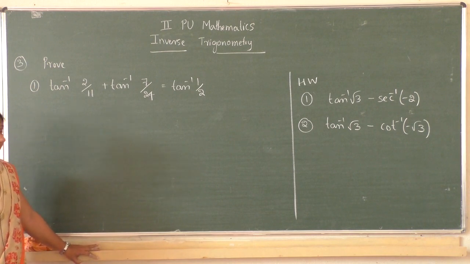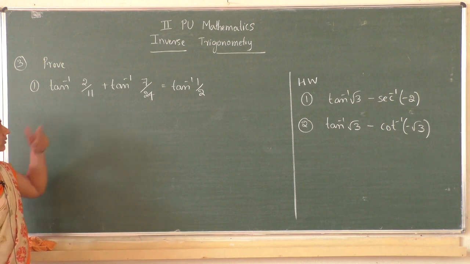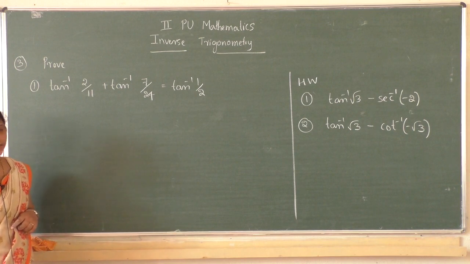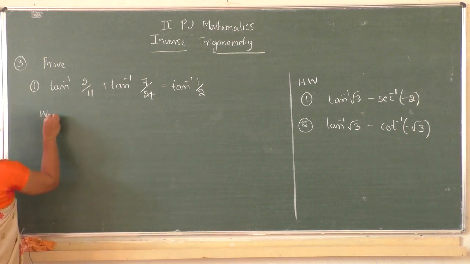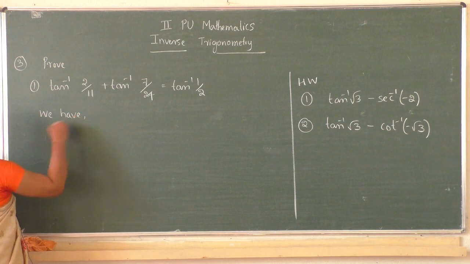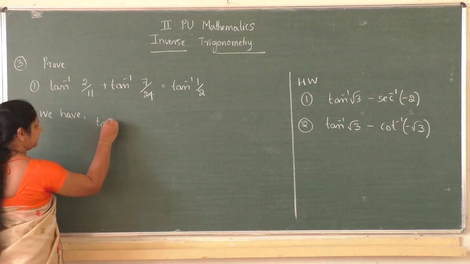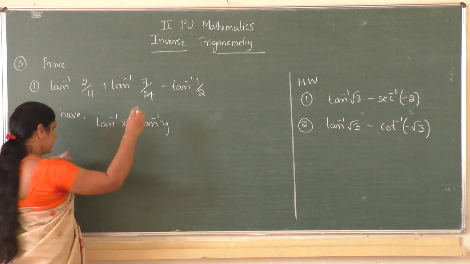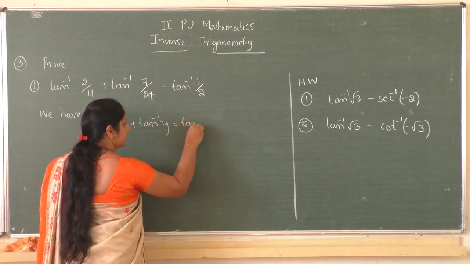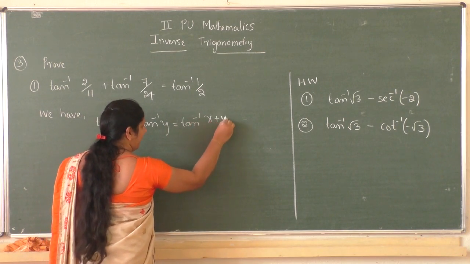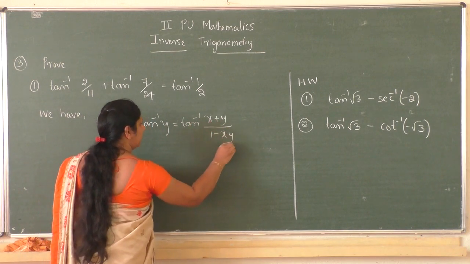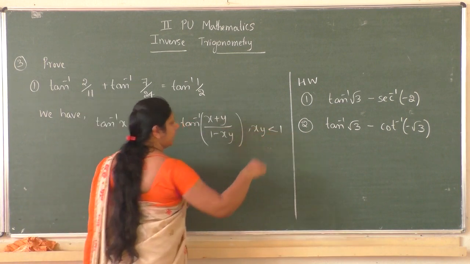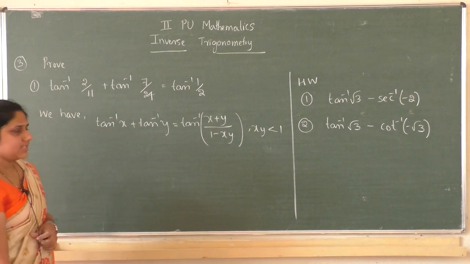See the left side of this term, it is in the form tan inverse x plus tan inverse y, right? We have the formula, already we studied as one property: tan inverse x plus tan inverse y is tan inverse of x plus y by 1 minus x into y, where x into y is less than 1.